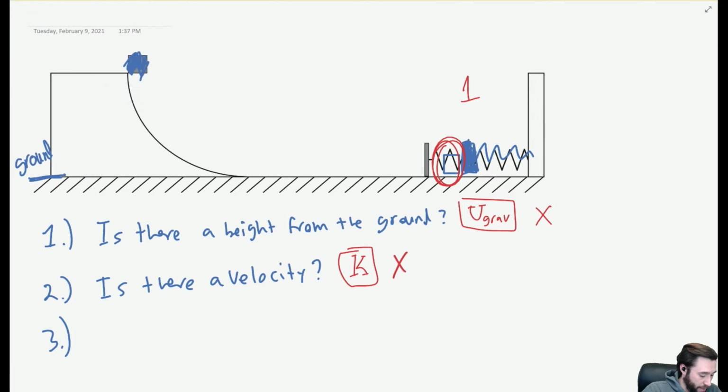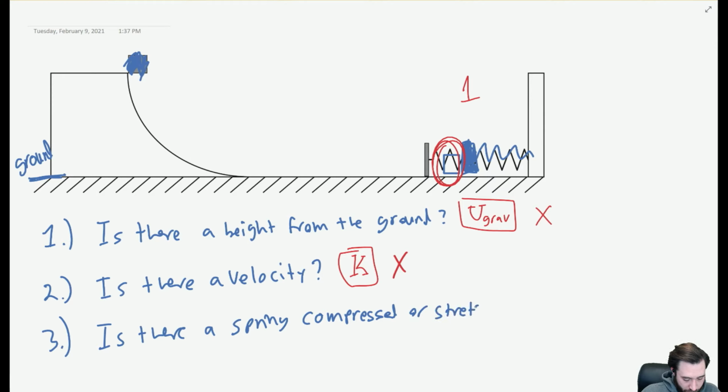And then lastly, is there a spring that's being compressed or stretched? And that's going to be U elastic.